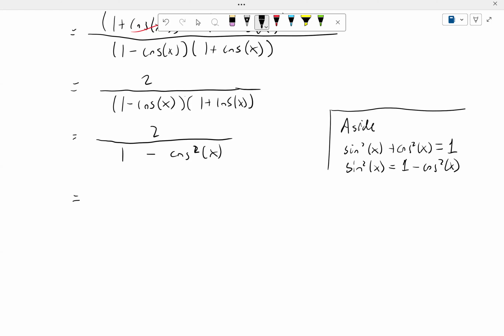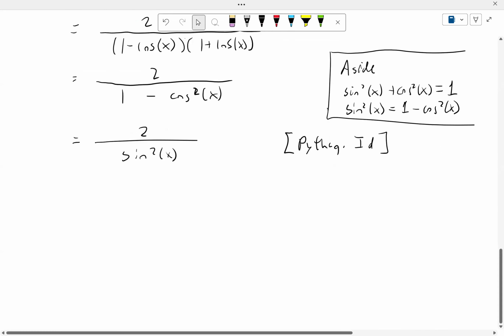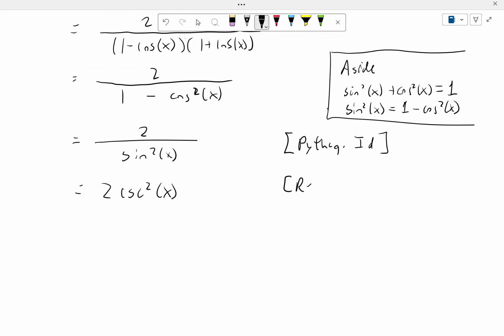So downstairs over there, this is going to be 2 over sine squared of x. Now, I'm going to make a note here that I used my Pythagorean identity to get that. Pythagorean identity. So 1 minus cosine squared is just the same thing as sine squared of x. But then now this is the same thing as 2 cosecant squared of x by using my reciprocal identity. And so again, we have shown that the left-hand side is equal to the right-hand side.